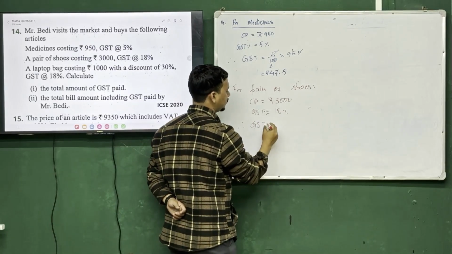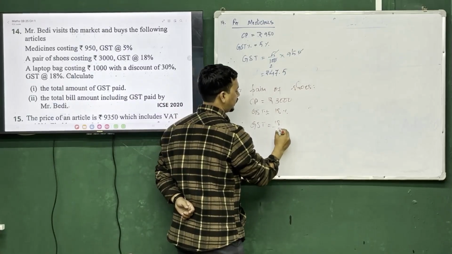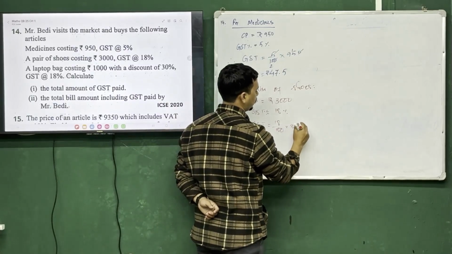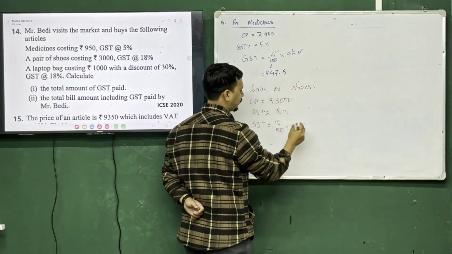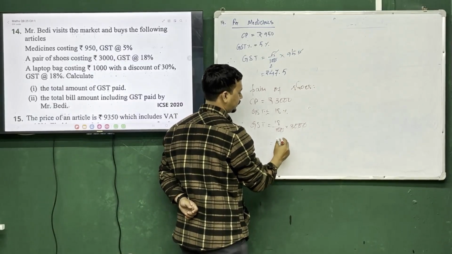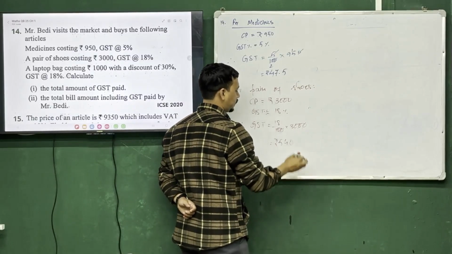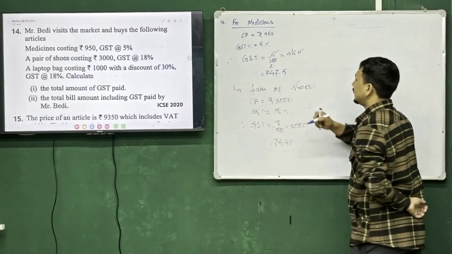Therefore, GST will be 18 by 100 of 3000. So 540.